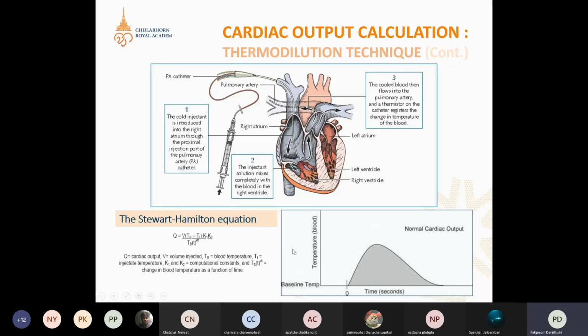It will plot a graph like this, and then the computer will find the area under the curve over here, and then you will get the value of the cardiac output. Definitely the doctor will do this around 3 or 5 times in order to get the average value and the most reasonable, correct cardiac output.